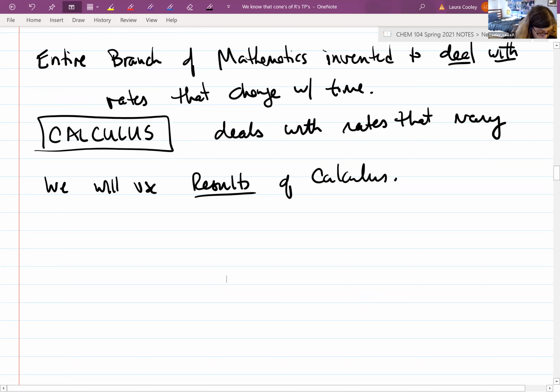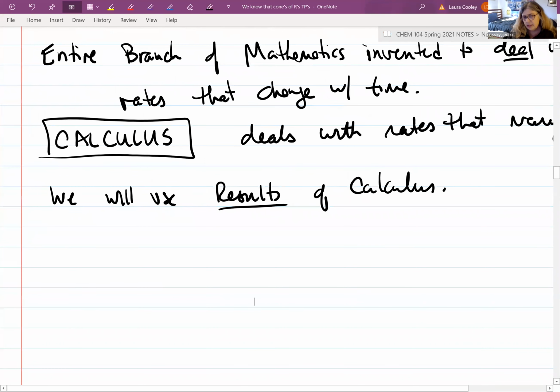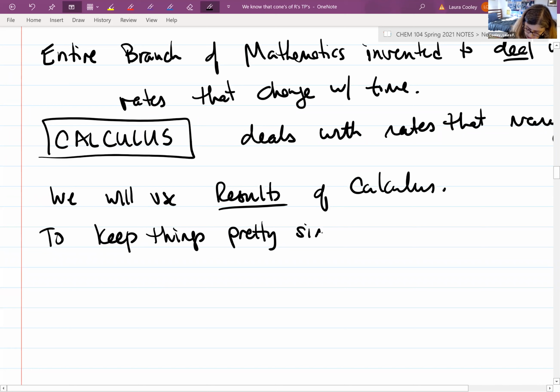Okay, so first of all, I want to tell you that we can only do this business of finding the concentration at a certain time after a reaction starts in this class for first order reactions, because we don't want it to get overly complicated.